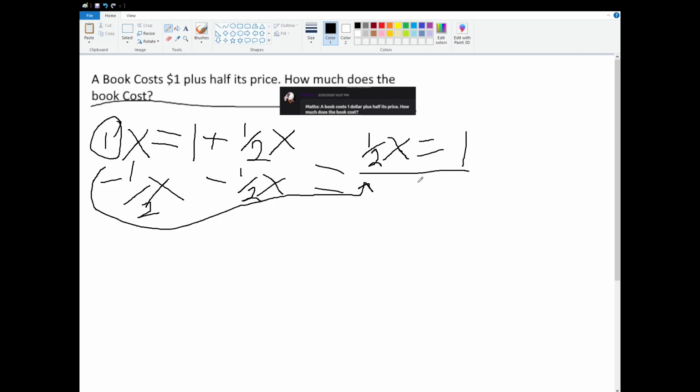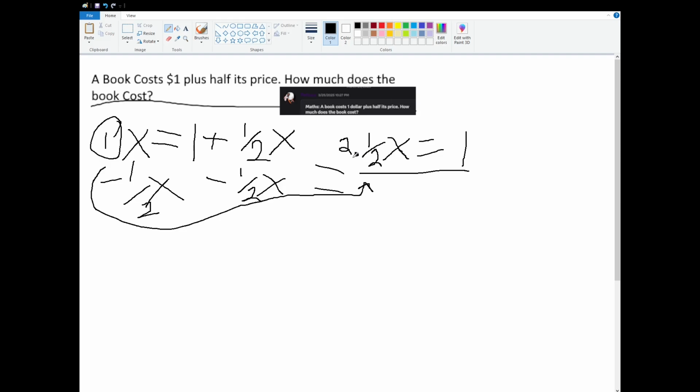Alright, so now we have 1/2 X equals 1. And now we just need to solve the rest. The best way to do this is to multiply both sides by the reciprocal to get rid of the 1/2. The reciprocal of a fraction is just the denominator over the numerator.